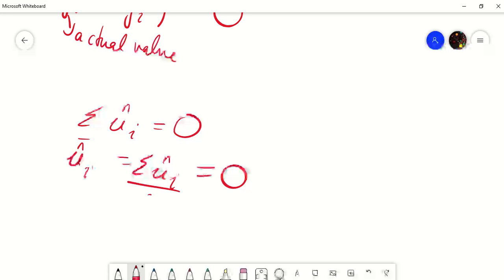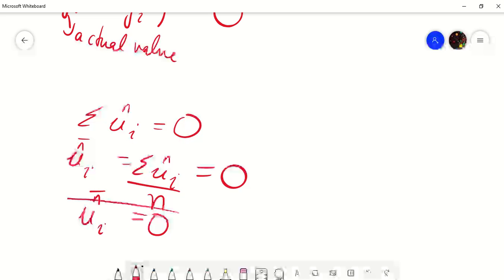If we divide by n, mu i hat bar equals summation of mu i hat over n, so it equals 0.